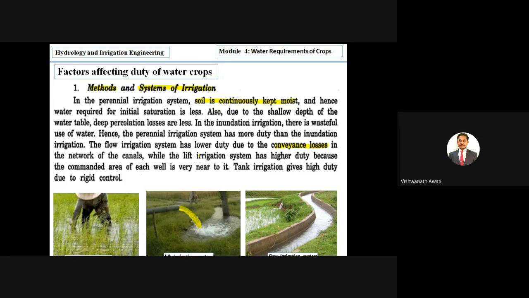Due to that, lift irrigation gives higher duty, and even tank irrigation gives higher duty.